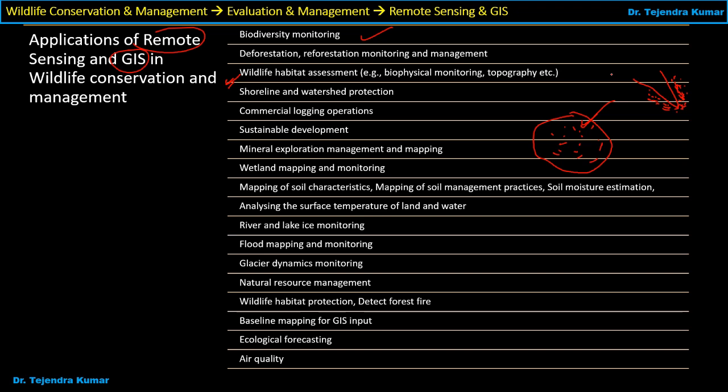Air quality is also monitored by this, because the different gases available in the atmosphere have different capacities of absorbing rays or electromagnetic waves.